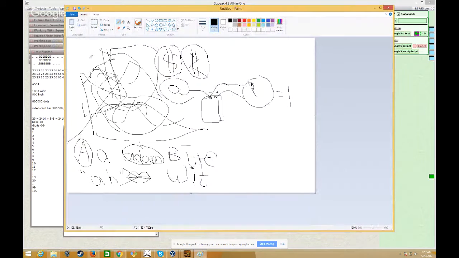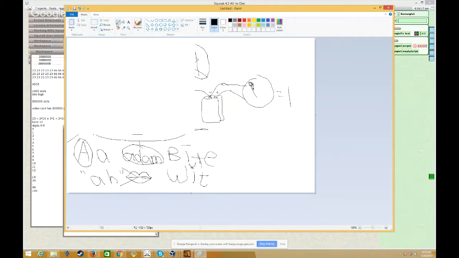Let's make a AA battery. Let me erase some of this garbage. So now I take a AA battery.